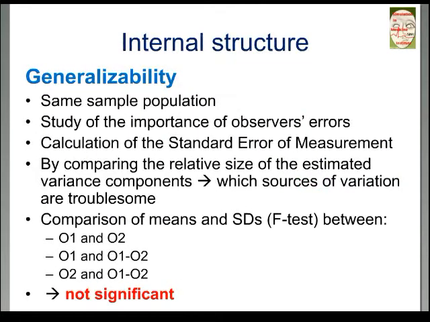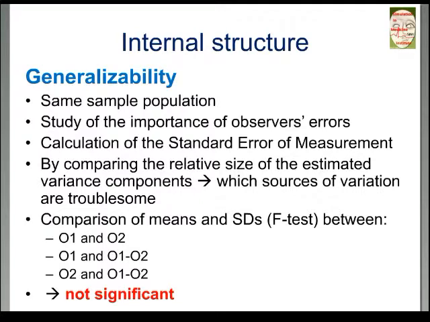Finally, generalizability is the third statistical analysis of the internal structure step of the validation process. It is rooted on the variance of the standard error measurement.